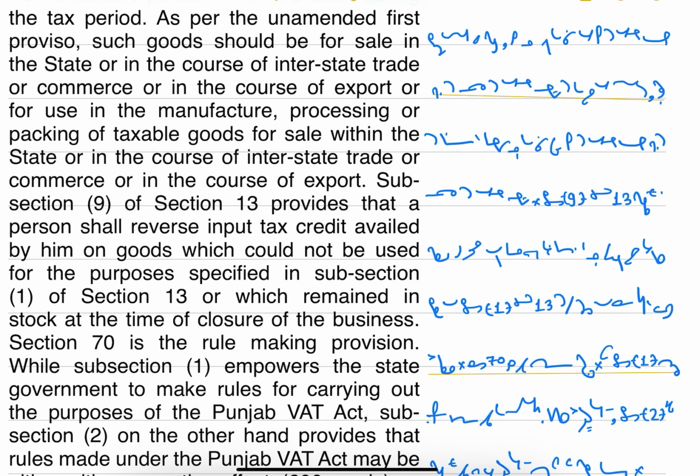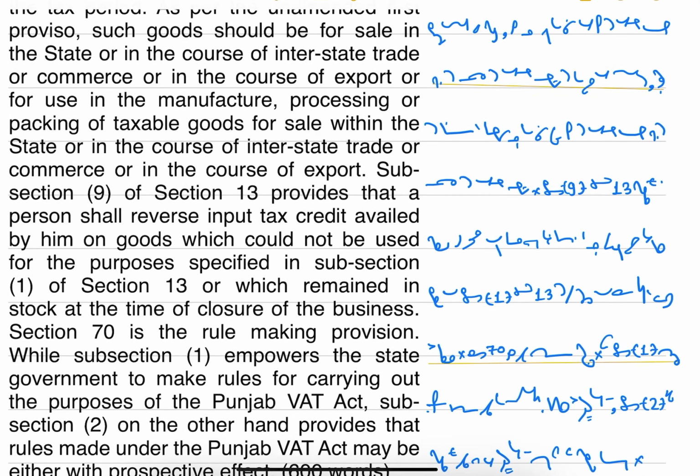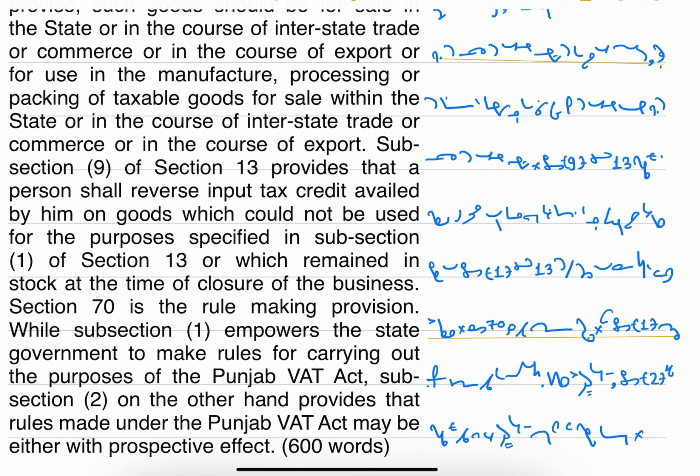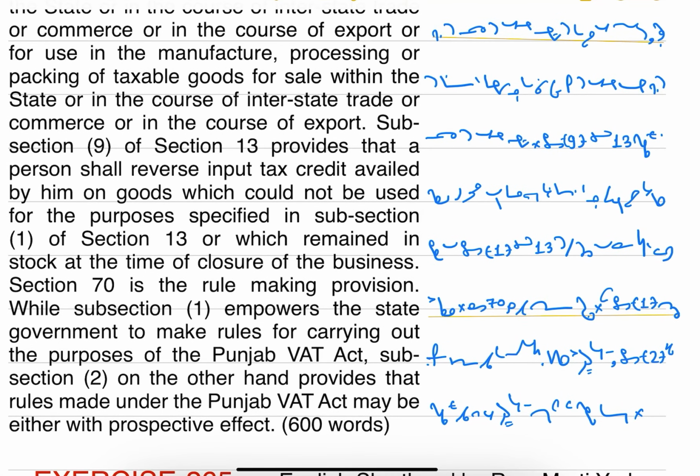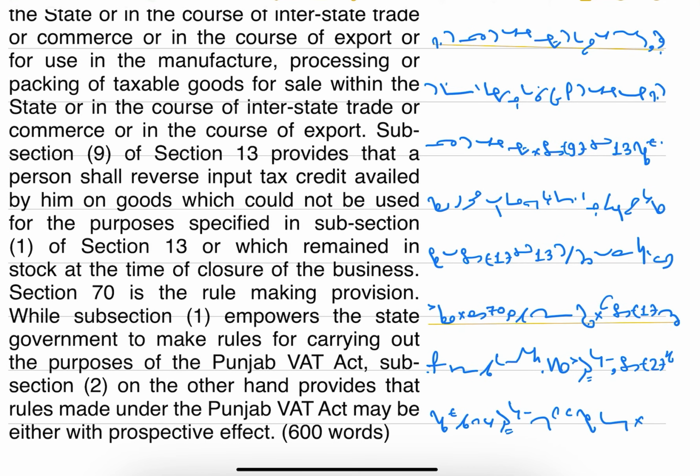Sub-section (9) of Section 13 provides that a person shall reverse input tax credit availed by him on goods which could not be used for the purposes specified in sub-section (1) of Section 13 or which remained in stock at the time of closure of the business.